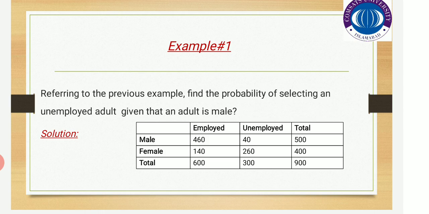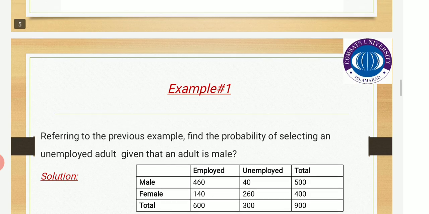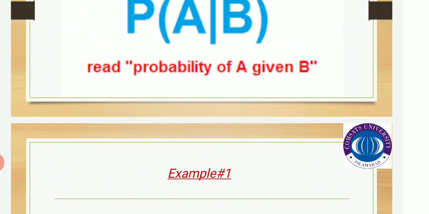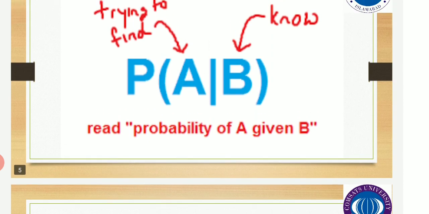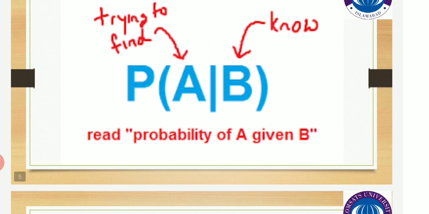Example number 1, referring to the previous example as we have discussed in previous slides: find the probability of selecting an unemployed adult given that an adult is male. So let's go to the previous slide. What we are doing? We have to find some probability given that some information is already there.